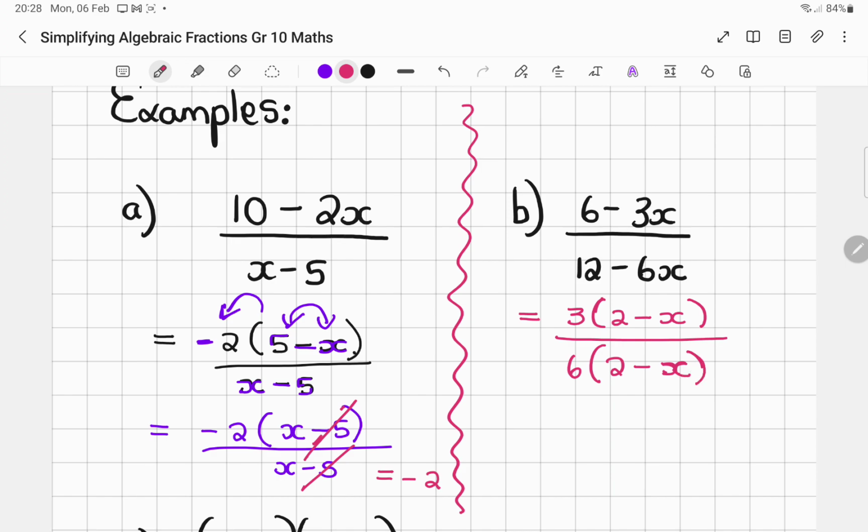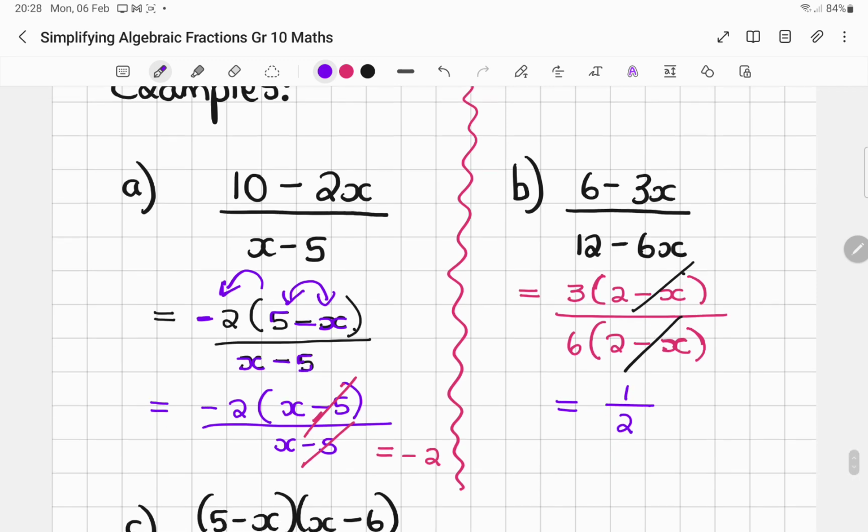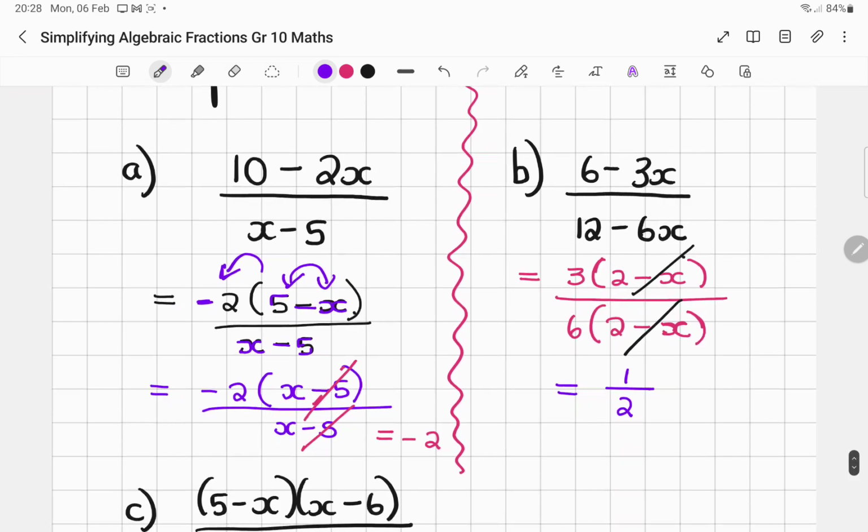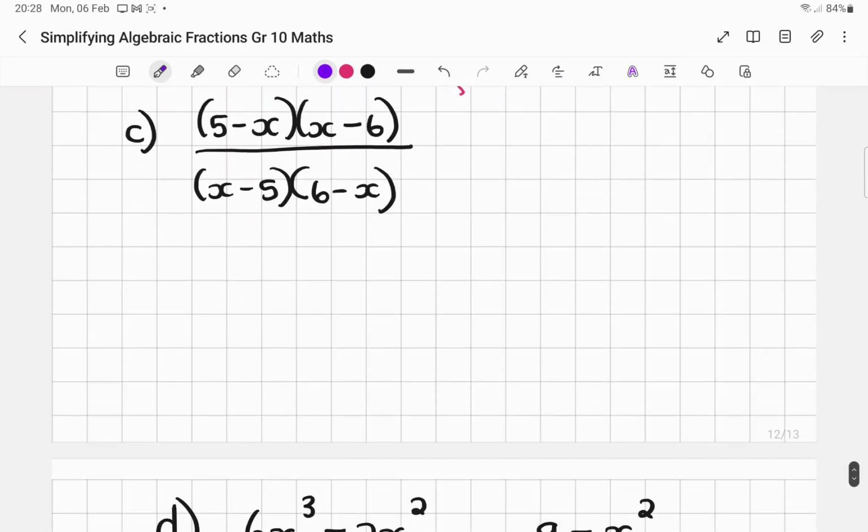Okay, all right, over here, so if I take out a 3, then I was left with that, so no sign changes, strangely enough, sorry, and the answer is a half. Okay, 3, 2 minus x, and it's 6. Yeah, okay, no sign changes, sorry about that.